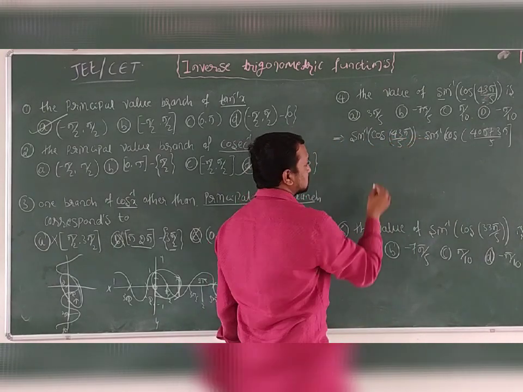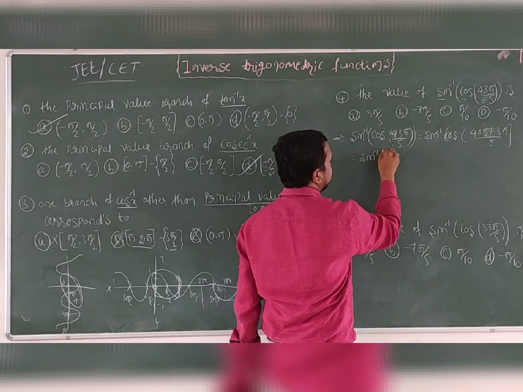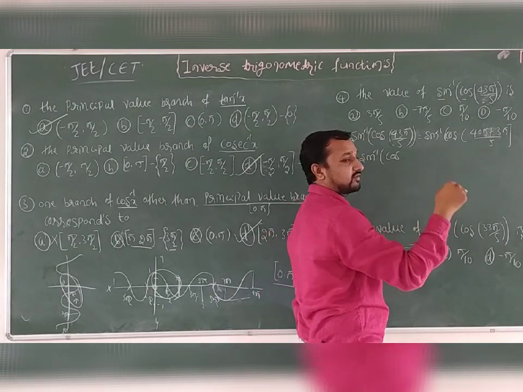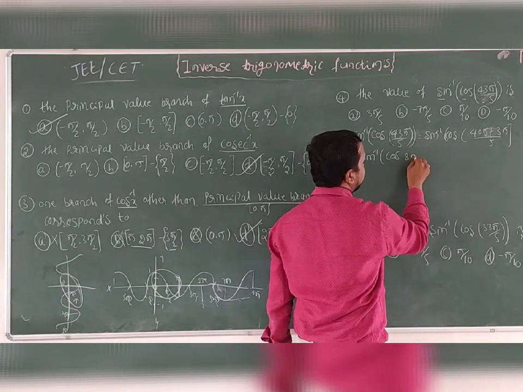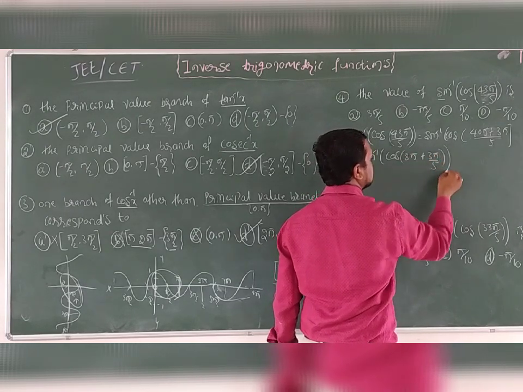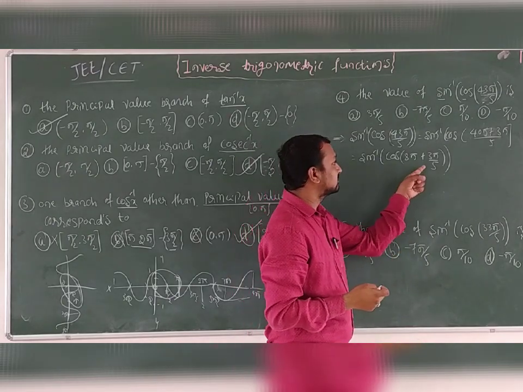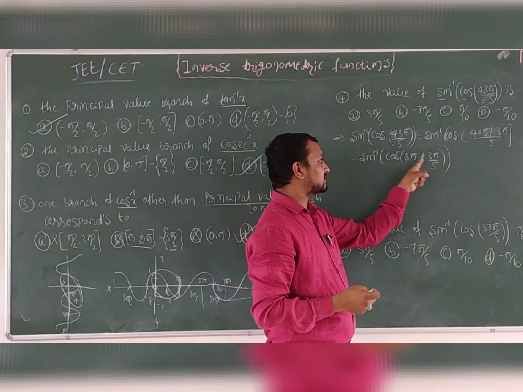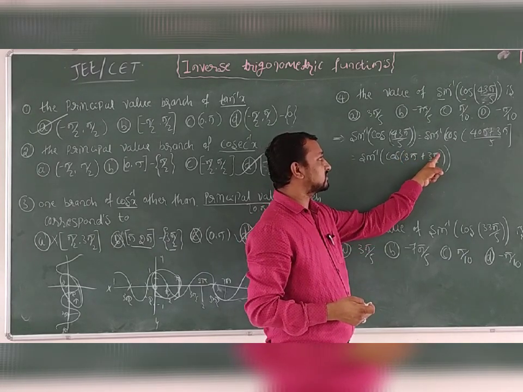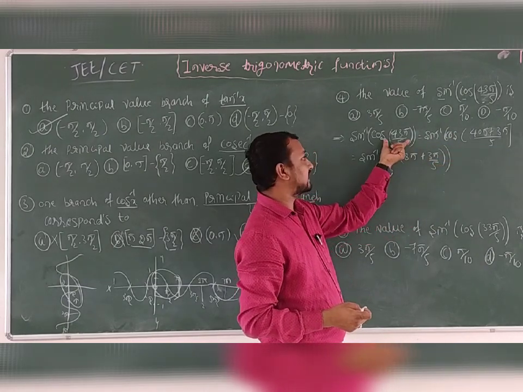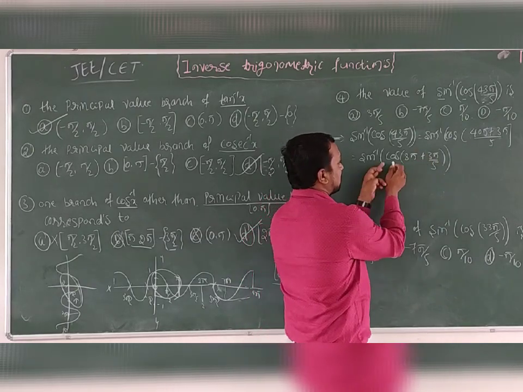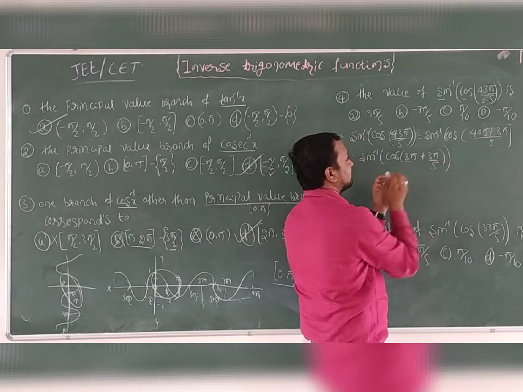Again I can write this function as sin inverse of cos of 8π plus 3π divided by 5. Take LCM as 5 and multiply: 5 eights are 40, so 40π plus 3π is 43π divided by 5.